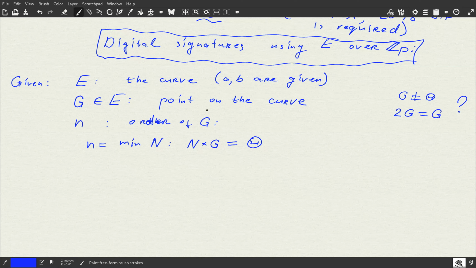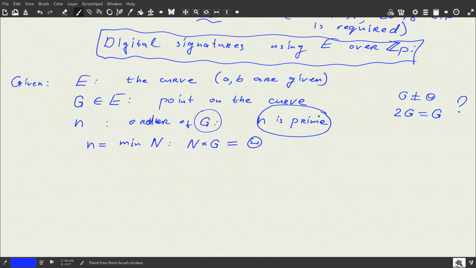And we will require that, first of all, it is an element of a finite order, yes. And secondly, that n is prime. So basically, we need a curve, a point on this curve of a prime order, so that n times G is theta, and n is minimum with this property, and n is prime.